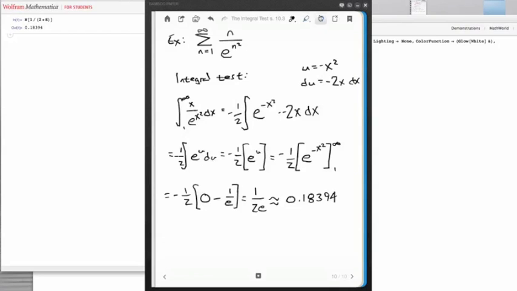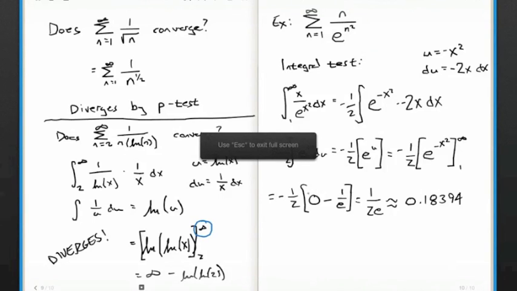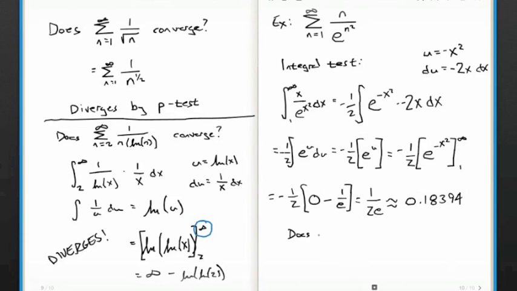Okay, so let's go back to full screen here. So my question is, does it converge? And my answer is yes, this converges. So once again, let's say we're taking an exam, and a problem like this comes up on the exam, and I say estimate the sum, and you forget how to do this.